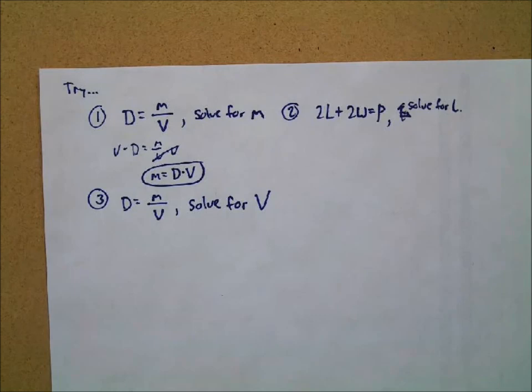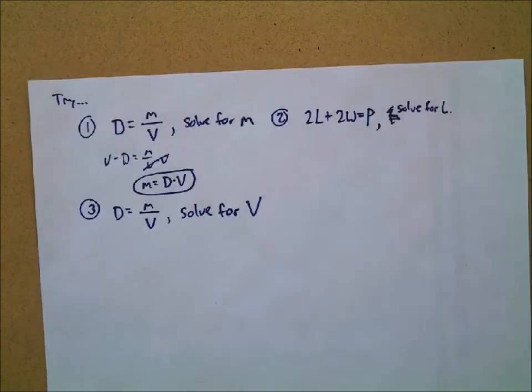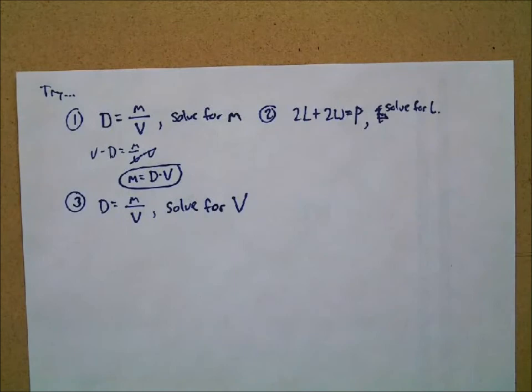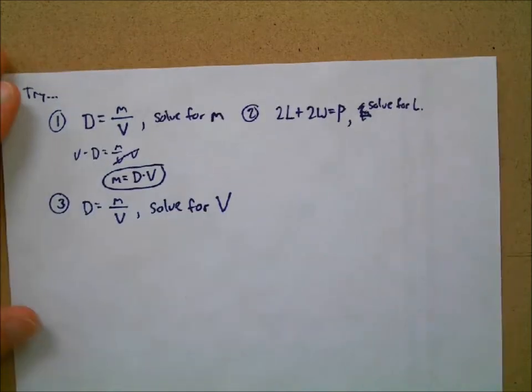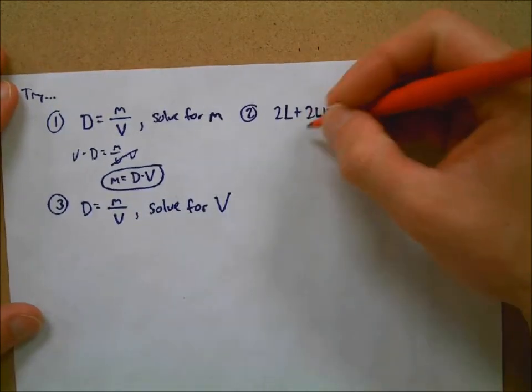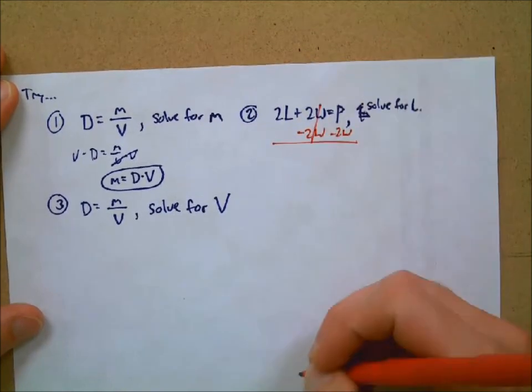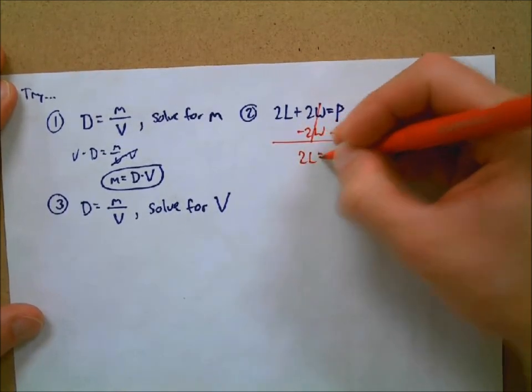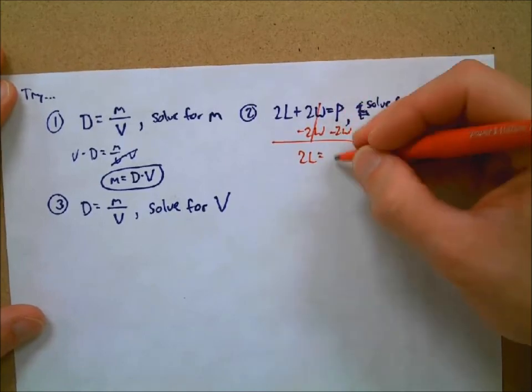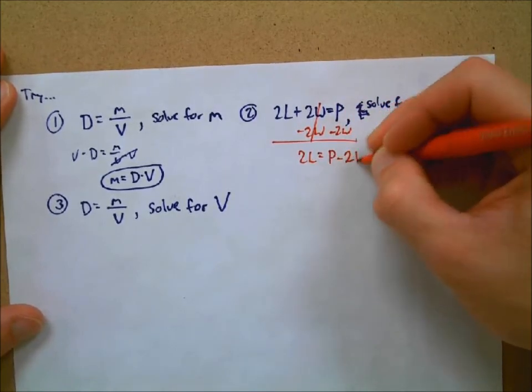All right. Number 2, let's go to, well, Sky. Sky, were you able to get the L by itself there? Yep. Okay. What'd you do for your first step? Subtract 2W from both sides. Great idea. Okay. 2W goes away. We're left with 2L over here. And then P and the minus 2W, those are not like terms, so we can't put them together.